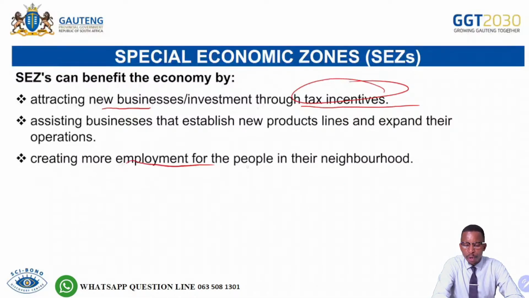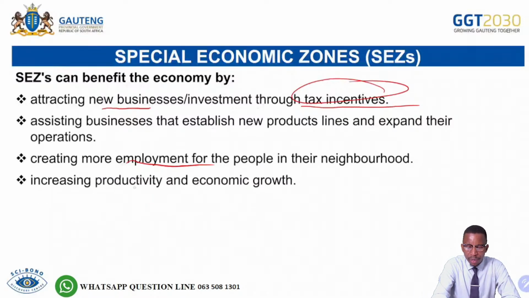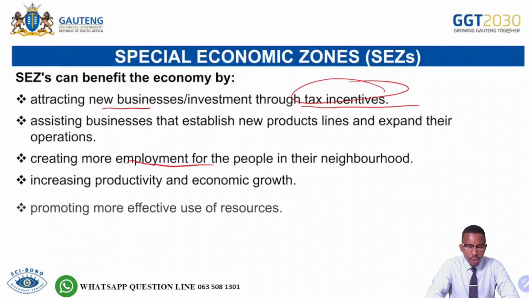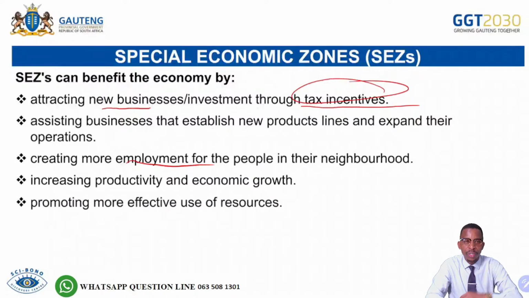Then it creates more employment opportunities to people in the neighborhood or in those areas where SEZs are located, because there will be a variety of goods being produced, because they are aiming also to diversify the economy, increasing productivity and economic growth. Also promoting more effective use of resources, because with more businesses in our areas, resources can be used effectively. So there can be natural resources beneficiation, because now our businesses locally will be able to convert or transform those natural resources to final goods.